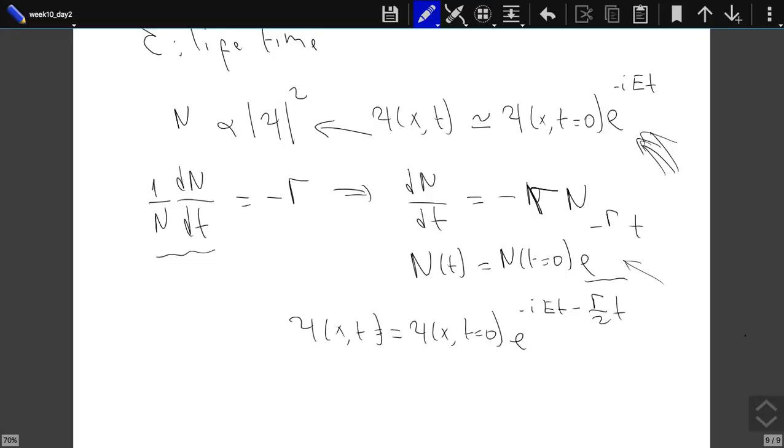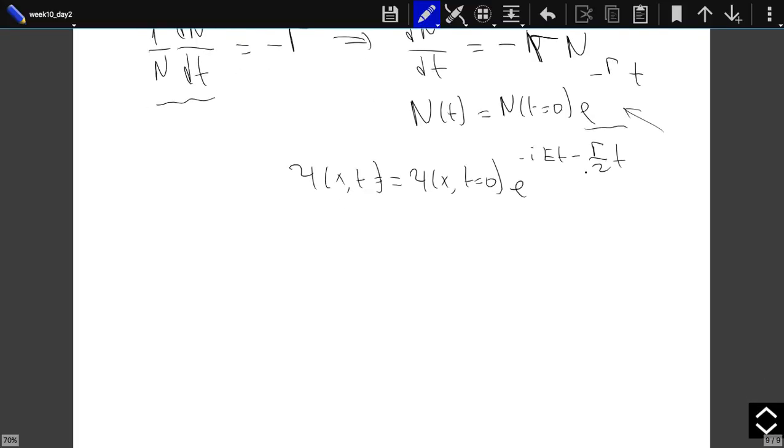So this is what we call the resonance. And so we can also write this as psi(x,t) is equal to psi(x,0), e to the power minus i times t, E minus i gamma over 2. So this is why the real part, this is what we call the energy, let's say ER.